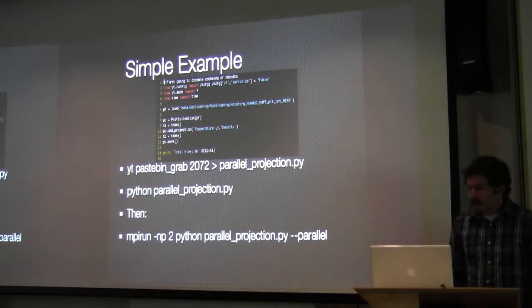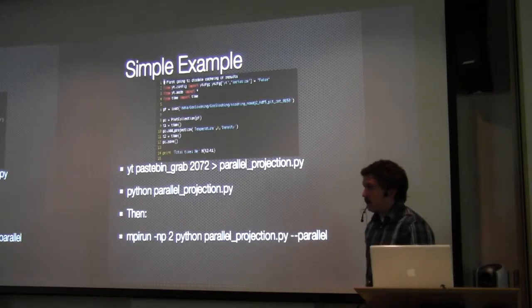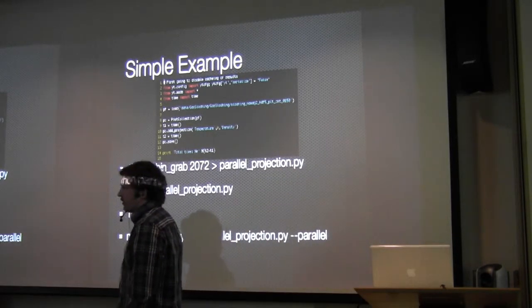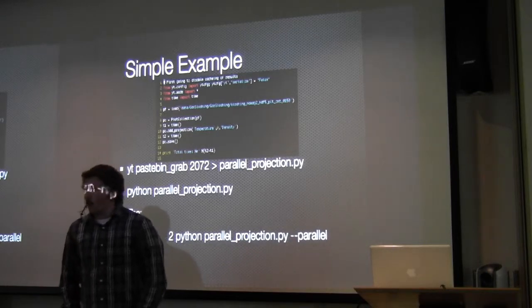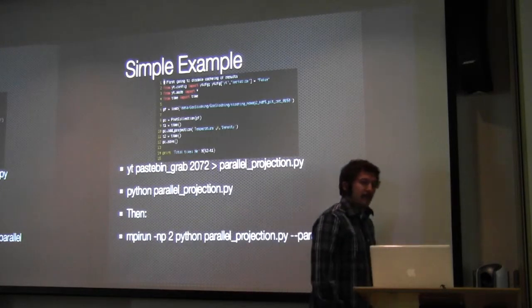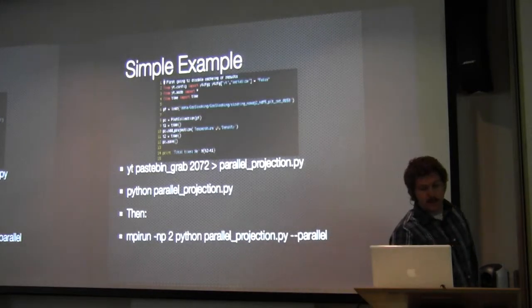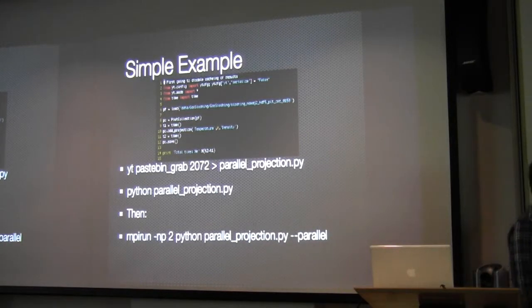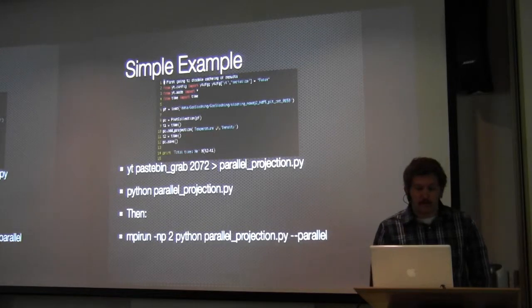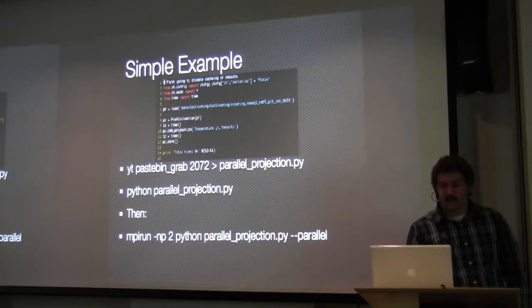So we're going to go through our first simple example of running one of these scripts. What we're going to do is utilize the yt pastebin_grab. yt pastebin_grab is a command that tells your computer to go out and grab a particular pastebin from the paste website on yt. I've gone ahead and put up these pastebins last night.